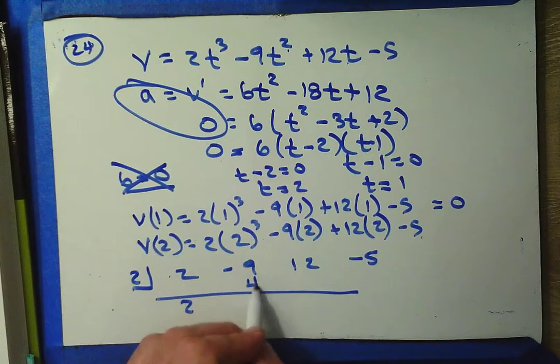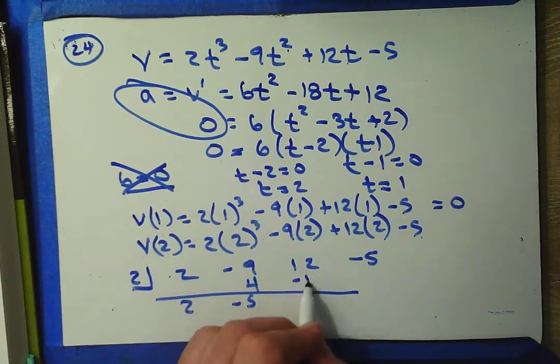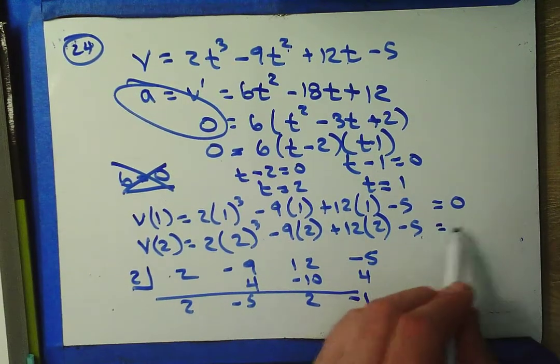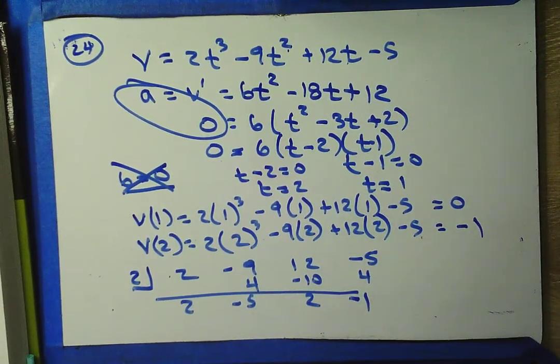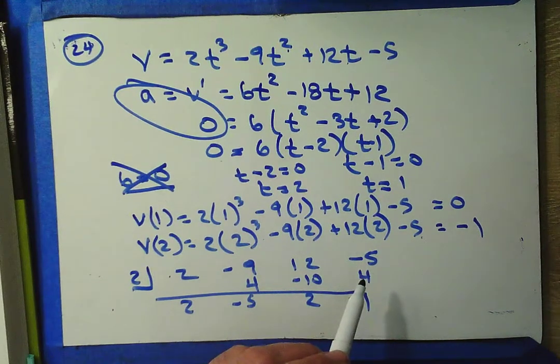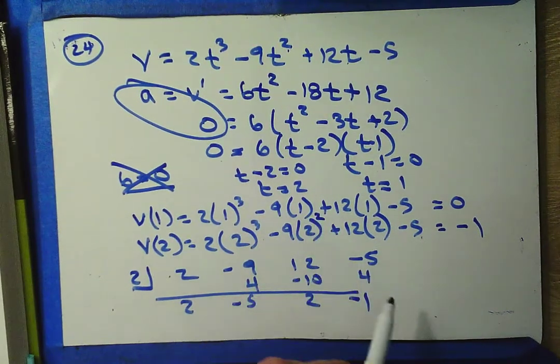So I get 4, negative 5, negative 10, 2, 4, negative 1. And so I get negative 1. I so prefer using synthetic substitution when I'm going to have to start cubing things and squaring things. Wait, I left out that square. There we go. Okay, so we've got 24.